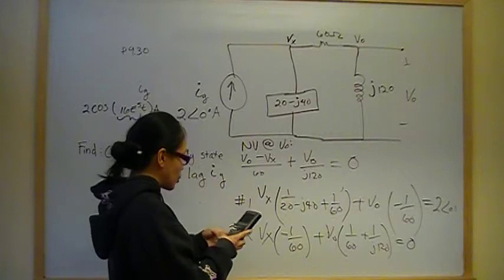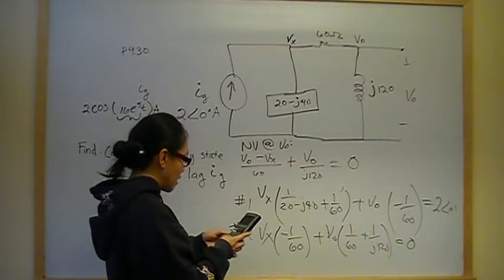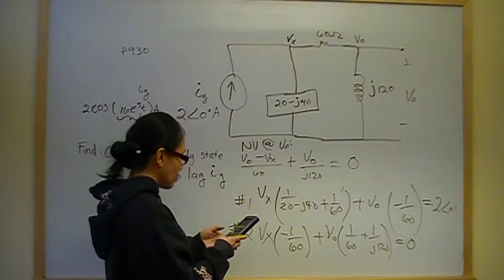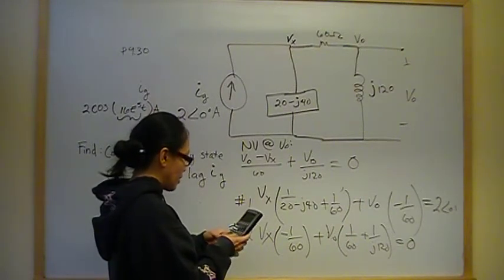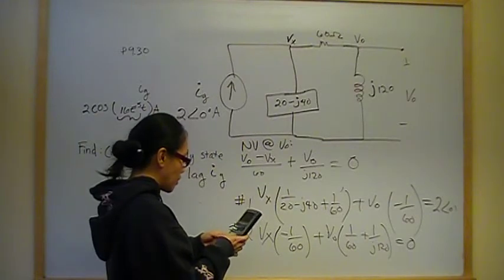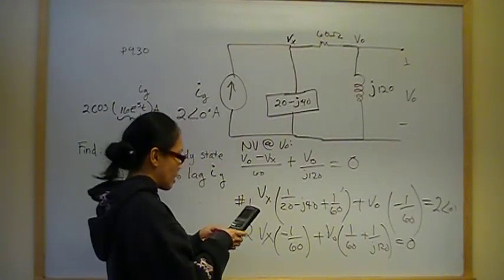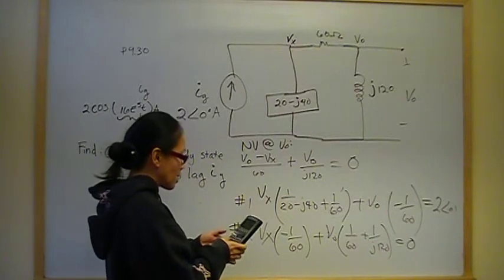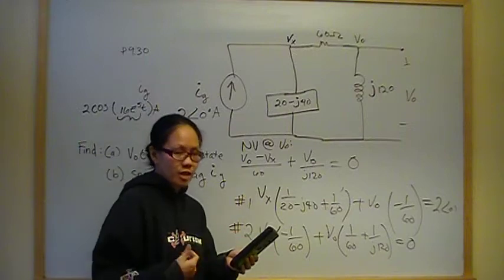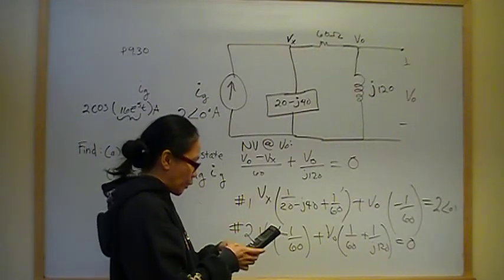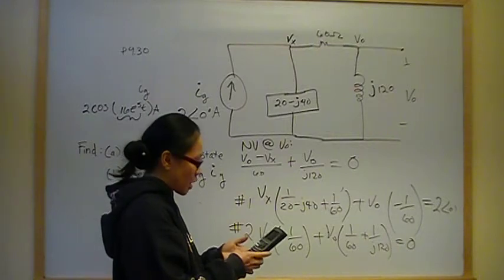So 1 over 20 minus J40 plus 1 divided by 60, enter, and then the next one is negative 1 over 60, enter, and then that equals 2. When I do phasors on the TI-89, I wrap them up in parentheses. Otherwise, I find that sometimes it doesn't work right.